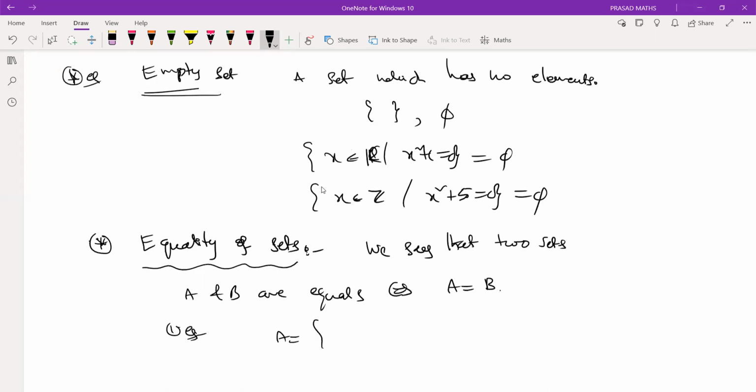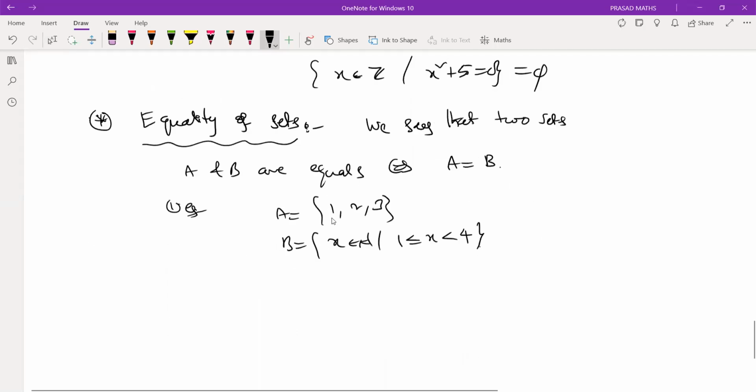Suppose you take A equals {1, 2, 3}, and B is the set of all natural numbers x such that 1 is less than or equal to x, lying between 1 and 4 including 1. So what is my set?